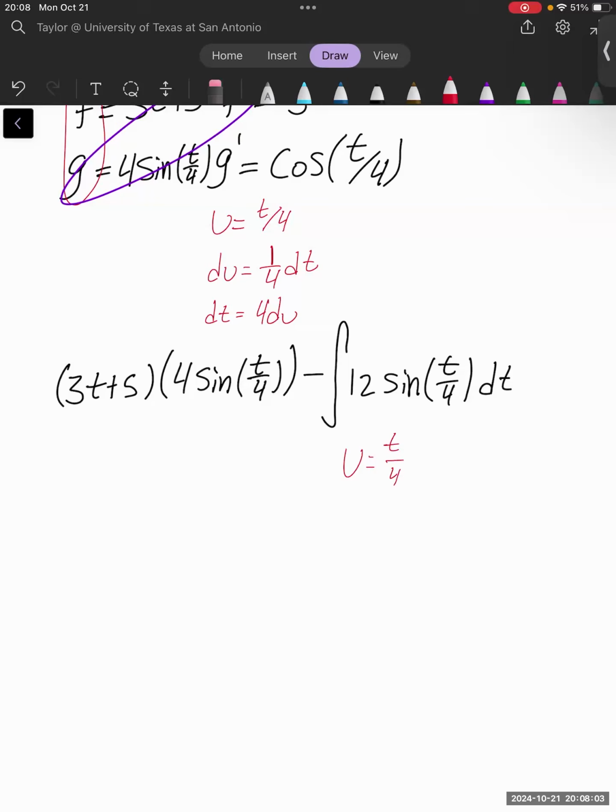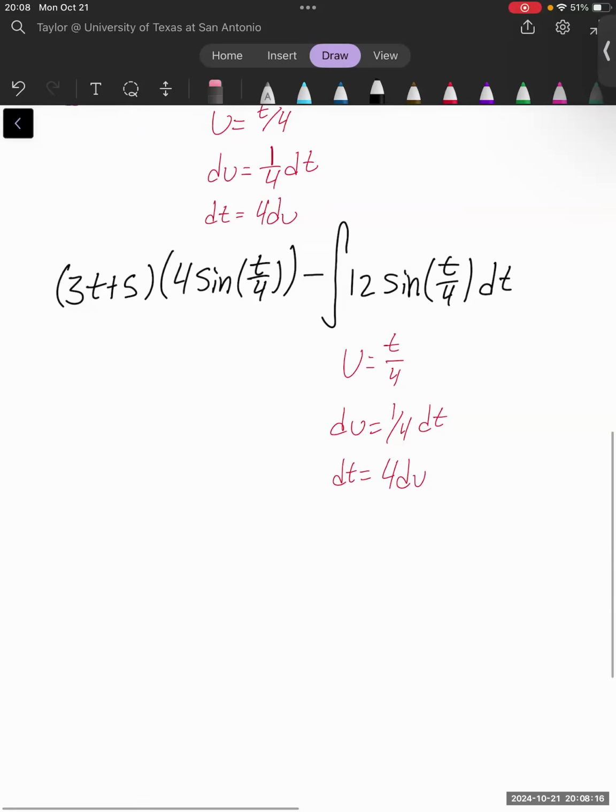It's the same process as before: du equals 1 over 4 dt, so dt equals 4 du, giving us 48 sine(t/4) plus c.